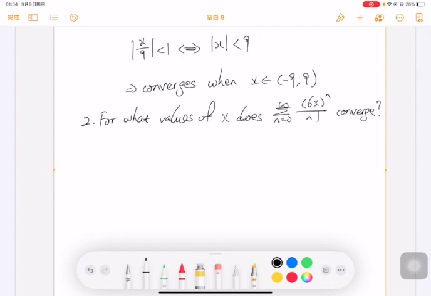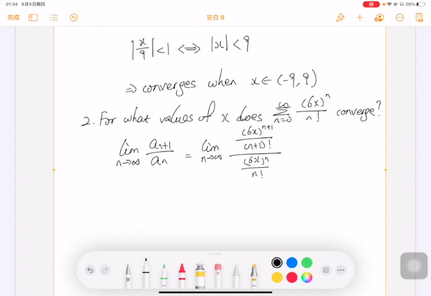So to prove this, what we want to do is apply the limit test. The limit of a_{n+1} divided by a_n, where a_{n+1} just means the (n+1)th term in the series. This equals the limit of 6x^(n+1) divided by (n+1) factorial, divided by 6x^n divided by n factorial.